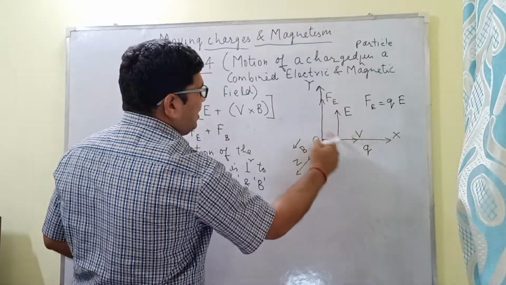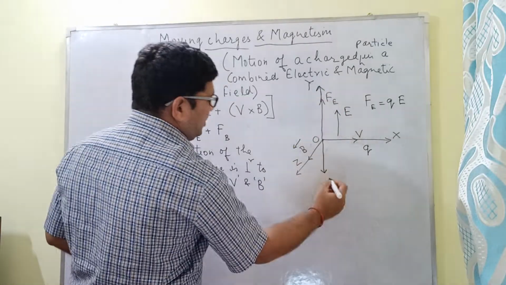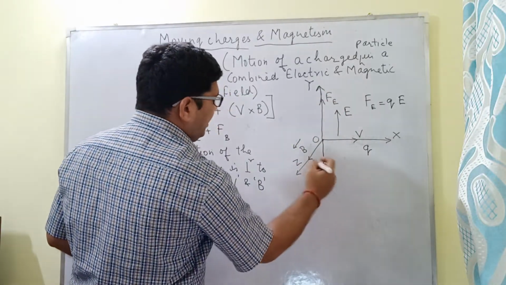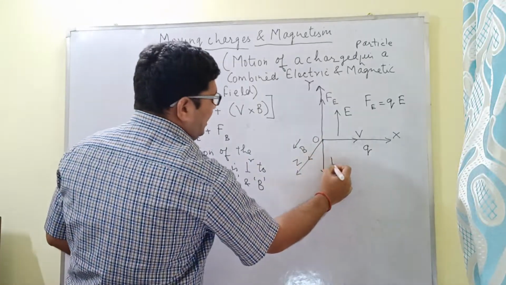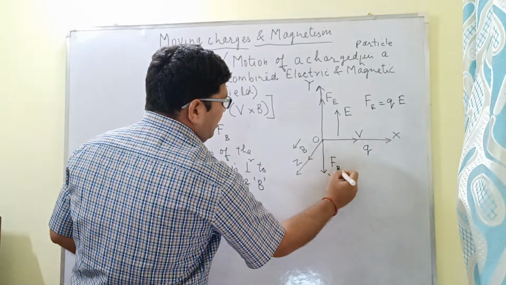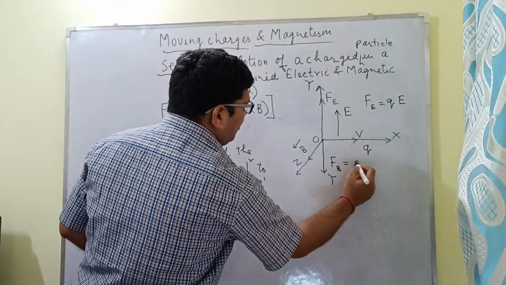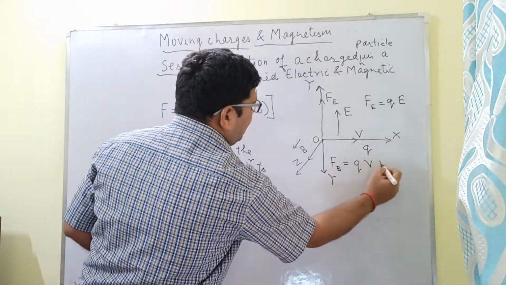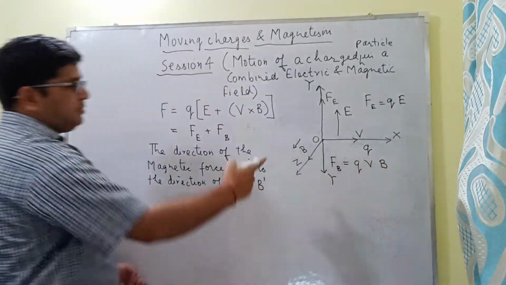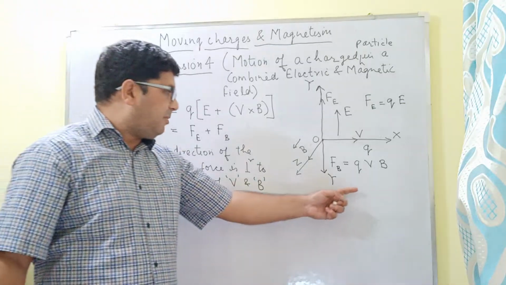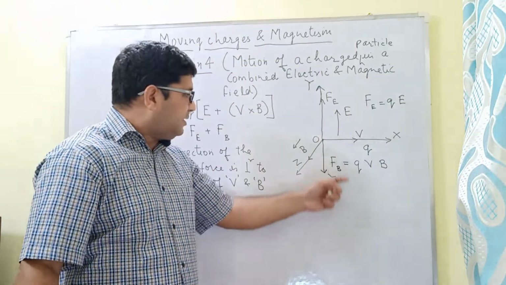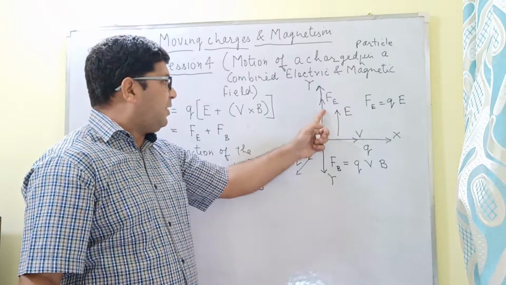This is the y-axis, so this is the negative y-axis, and the force will be directed in this direction. This magnetic force is equal to qvB, and it will be directed in the opposite direction of Fe.